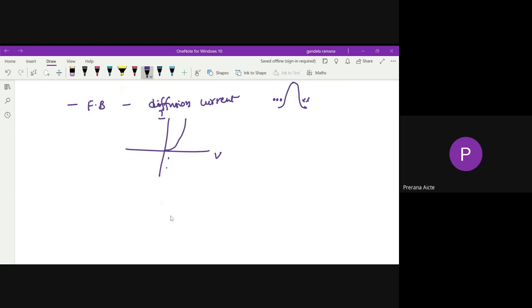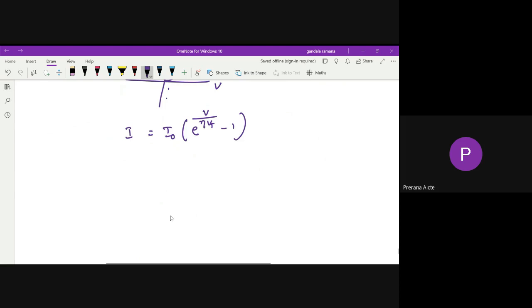What is the diode current equation? I is equal to I naught into e power V by eta Vt minus 1. Here I naught is the reverse saturation current, V is the applied voltage, and Vt is the volt equivalent of temperature.